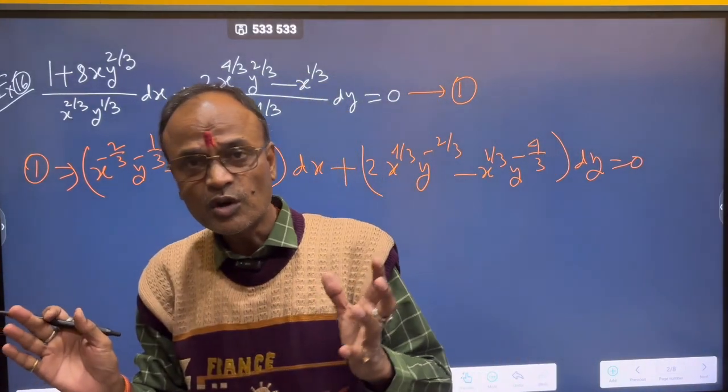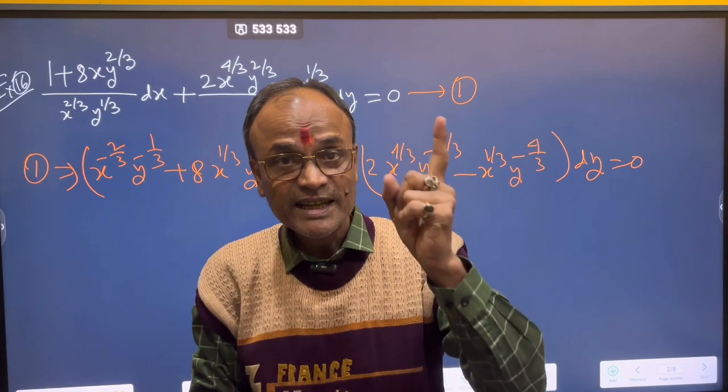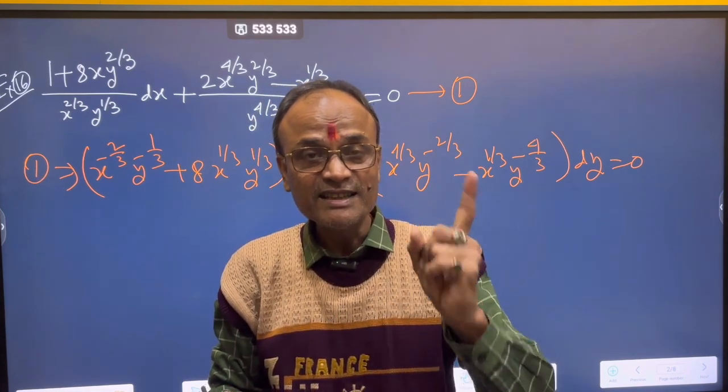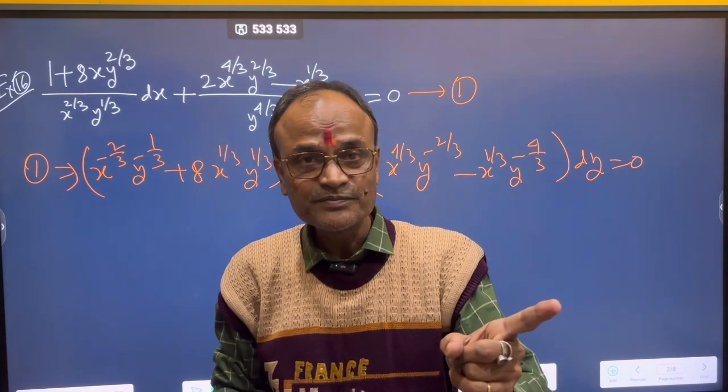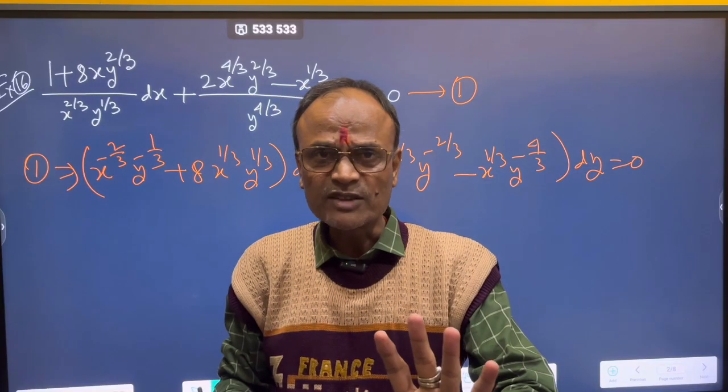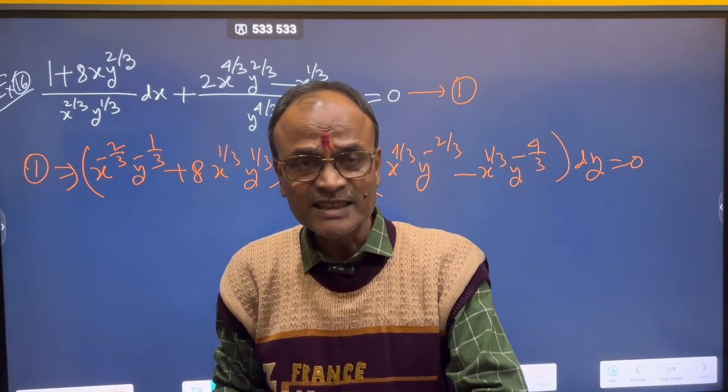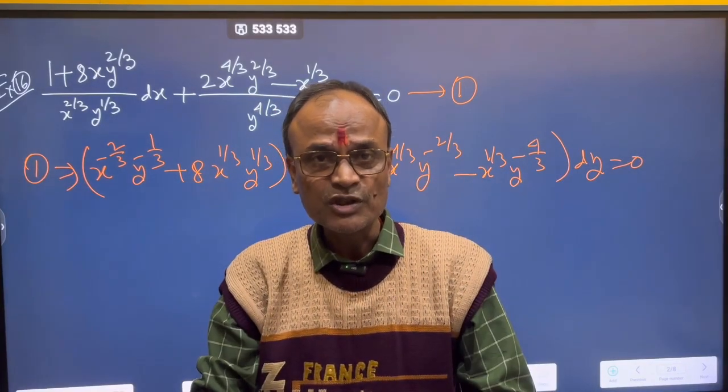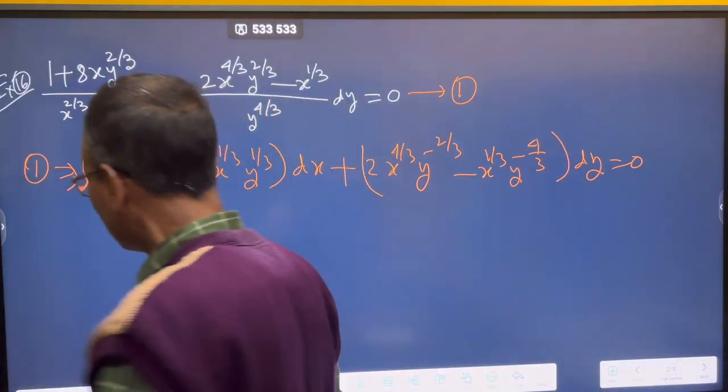The solution of the differential equation, since it is exact, is integral M dx treating y as constant plus integral N dy taking only those terms which are free from x.